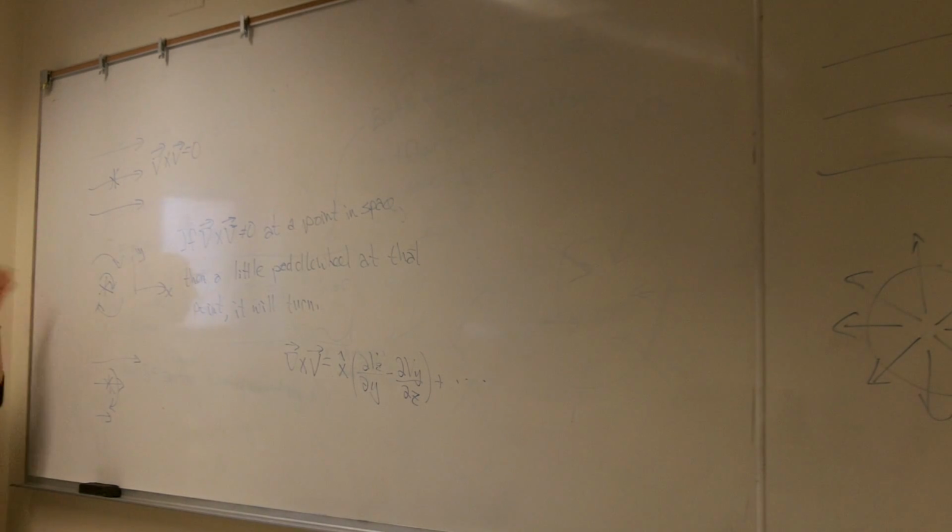It has to do with the curliness, or the swirliness, of the vector field. So here's the rule: just visualize that little paddle wheel. Set it down anywhere in space. If it spins, the curl at that point in space is non-zero. If it doesn't spin, the curl is zero.